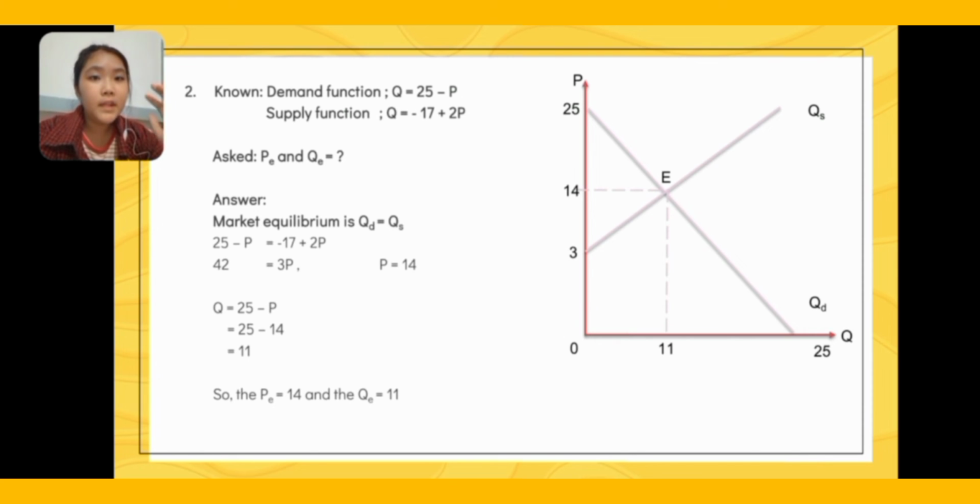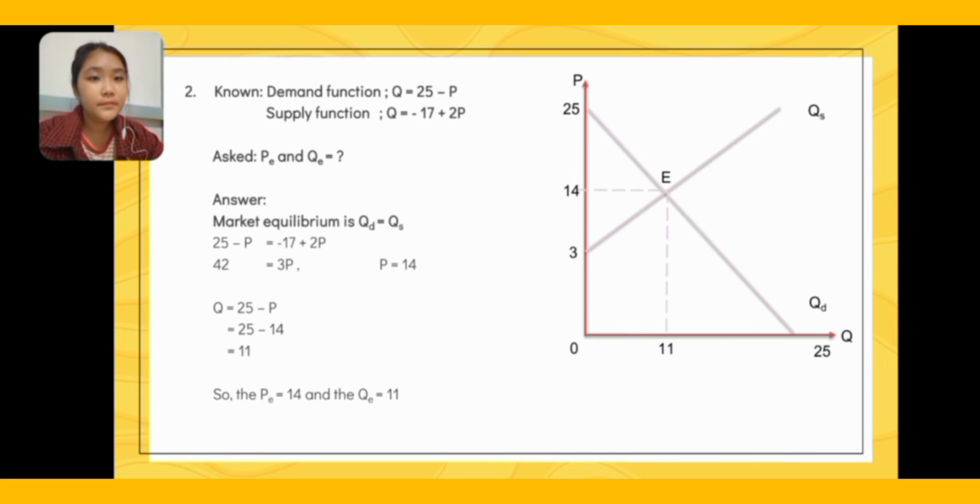And then minus P moves to the right, which means P plus 2P equals 3P. And then 42 divided by 3 means P equals 14.